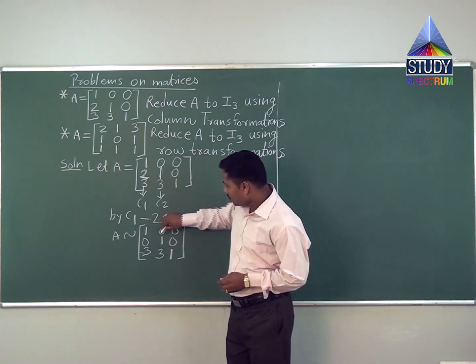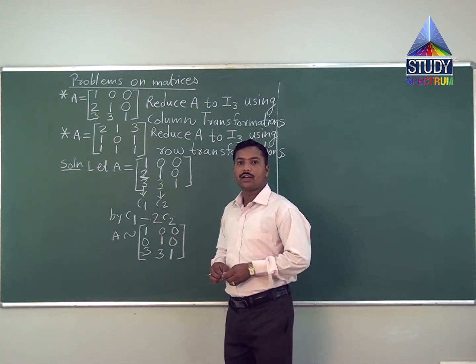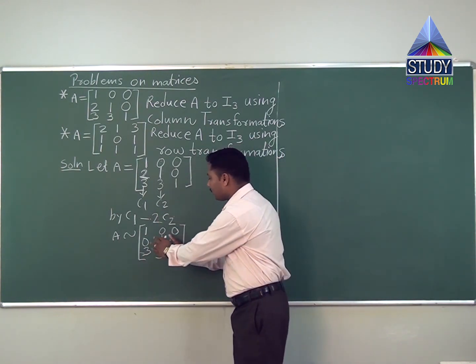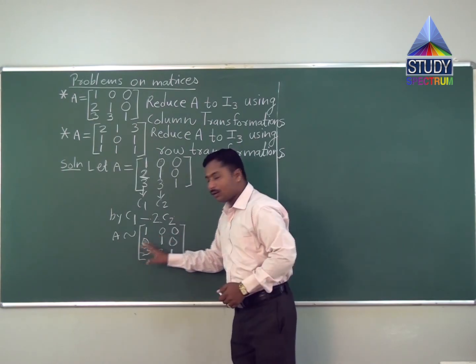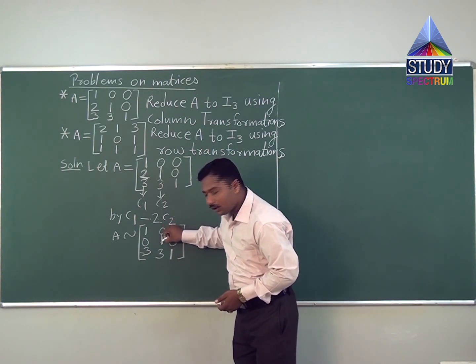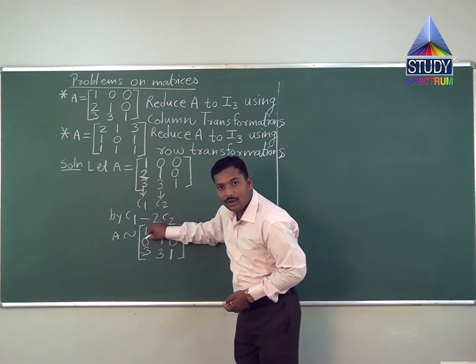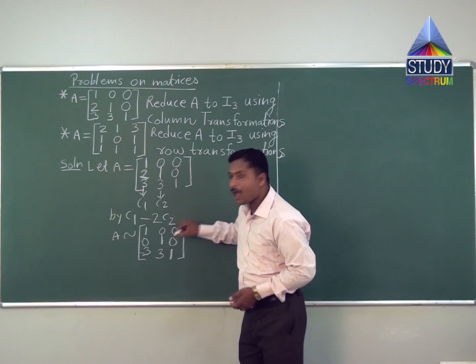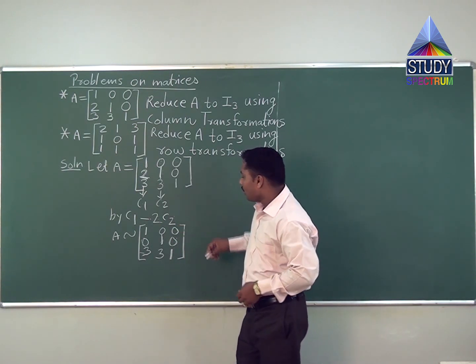In this manner, by using this second diagonal number, we make the numbers near this second diagonal number, this number and this number, 0.